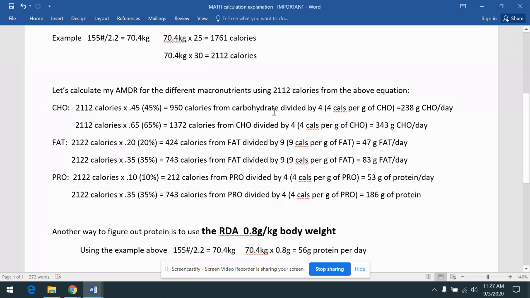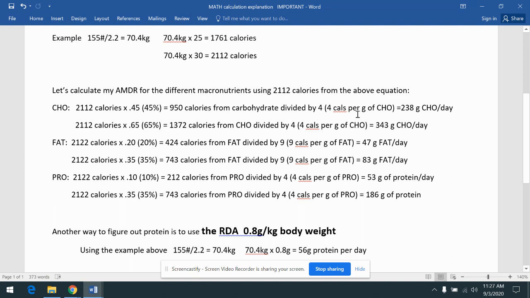Okay, you will notice through all my examples that I clearly label everything, and that's so I know what I'm trying to find here. If a test question asks you how many calories from carbohydrate, I want a number like this, 950 calories.